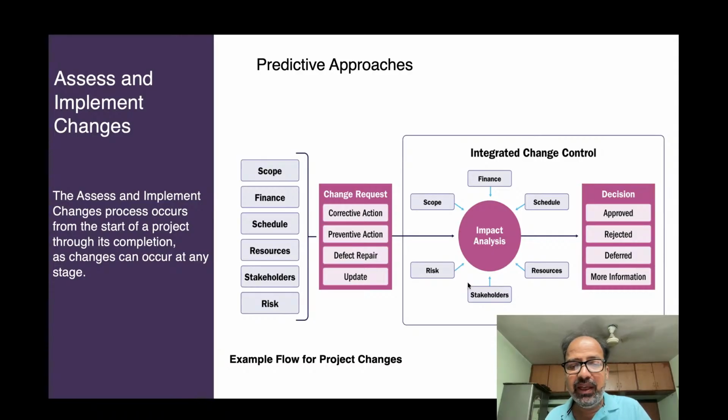Although changes can be initiated verbally, they should be documented in writing and entered into the change or configuration management system. Change requests should typically include information on the established schedule and cost impacts before they can be approved.